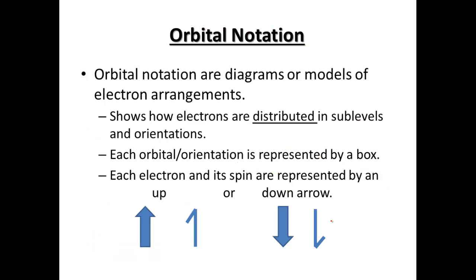Now our next idea is the orbital notation. Orbital notation diagrams are models of electron arrangement that show how electrons are distributed in the sublevels and orientations. Each orbital or orientation is represented by a box.